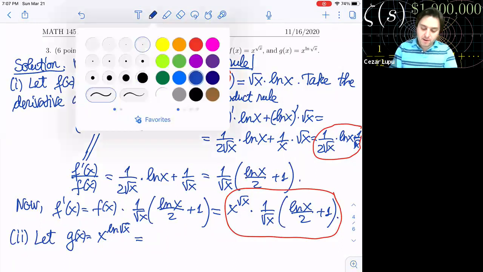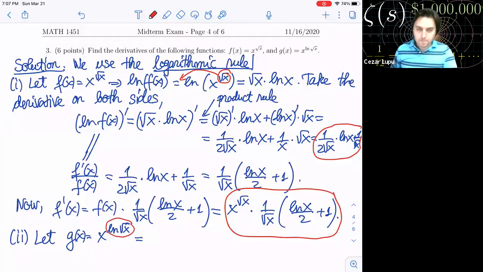Look here, the quantity inside, this guy here. Can we rewrite this a bit?